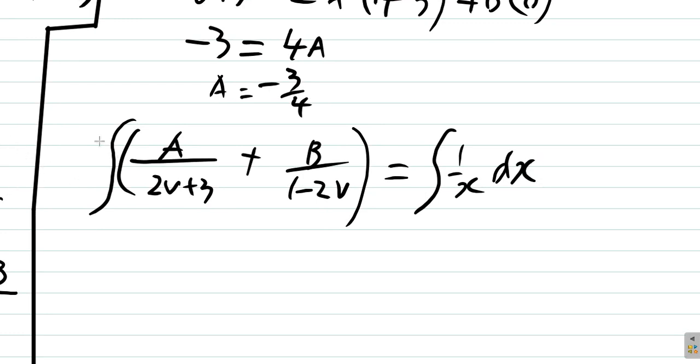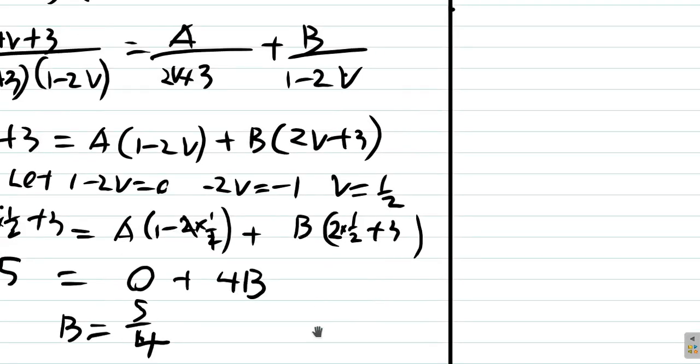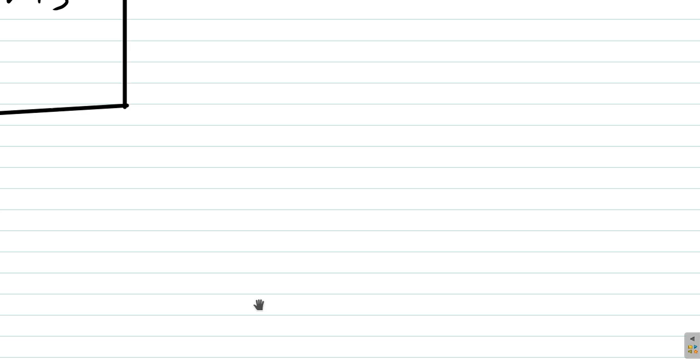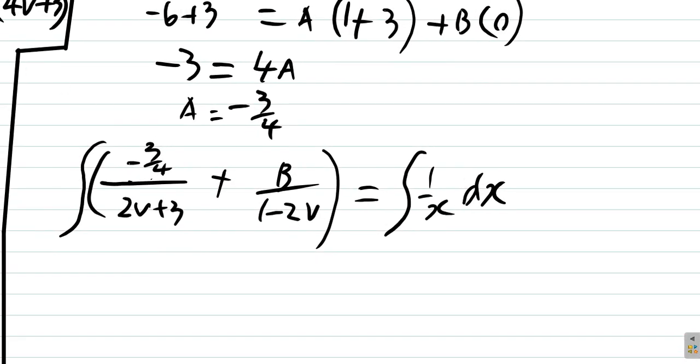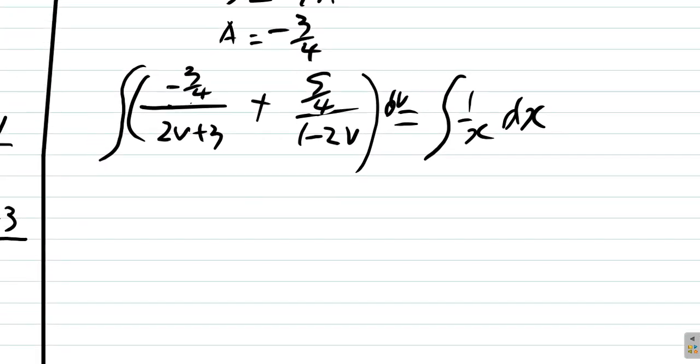Now what was a again? a is negative 3/4. Let me just put the negative 3/4 here. And b, what was b again? 5/4. So 5/4, dv. So what you really have here, you can separate these.